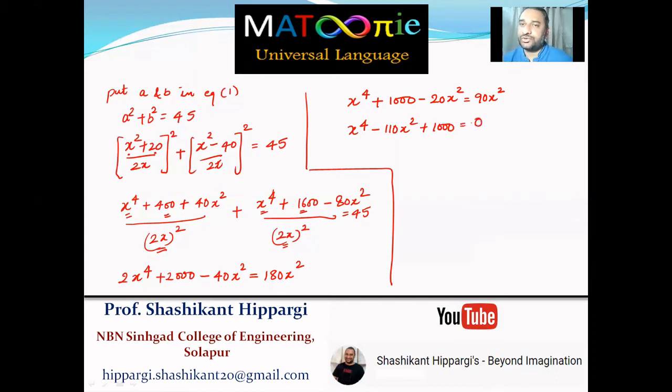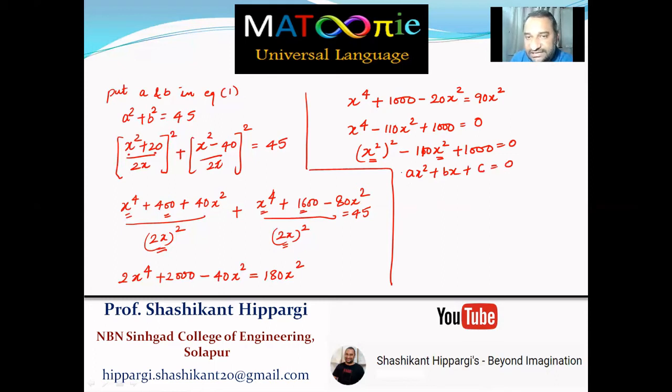Now we need to solve this quadratic. Sorry, it is raised to 4, but we can write it as a quadratic equation in x square: x square squared minus 110 x square plus 1000 is equal to 0. You know that a quadratic equation is in the form ax square plus bx plus c equal to 0.